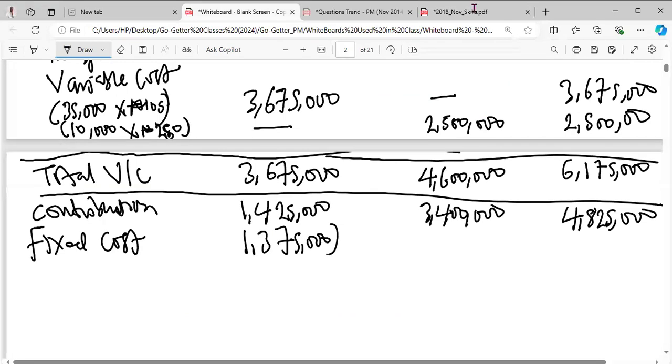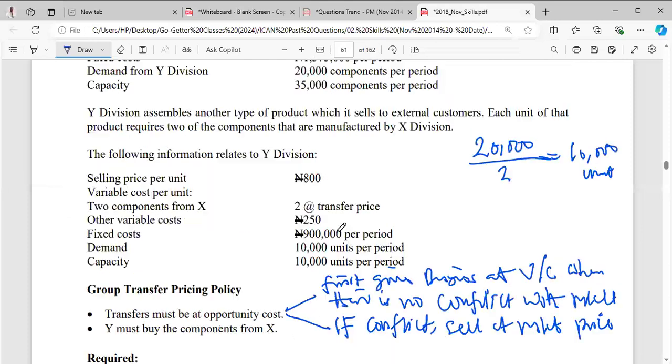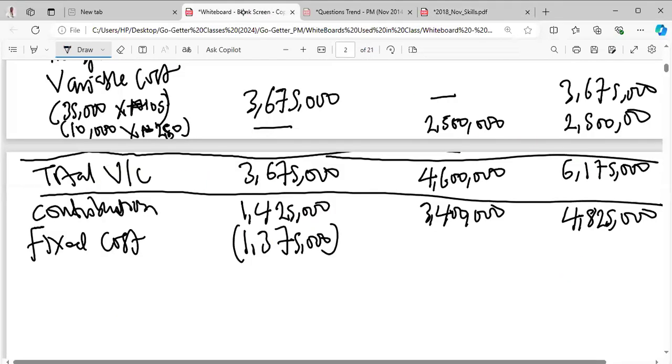And that of the buying division, the fixed cost is 900,000. So 900 is going to give us a total of 2,275,000.